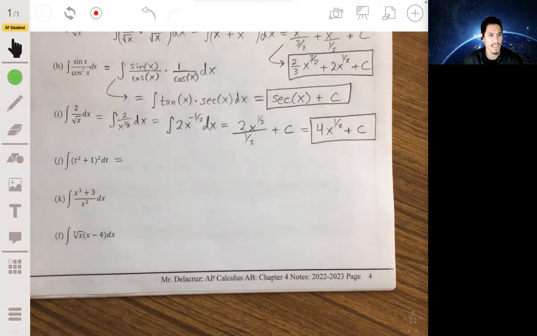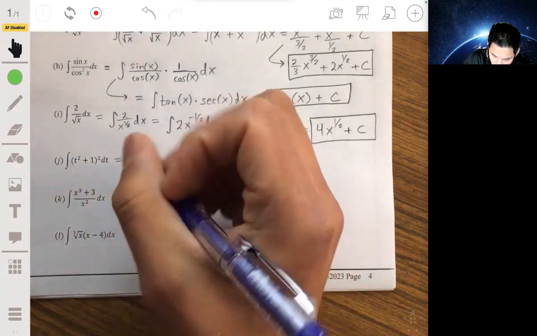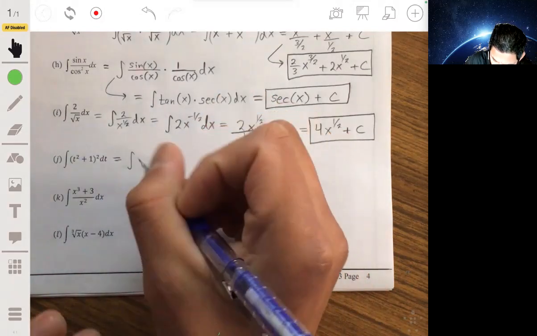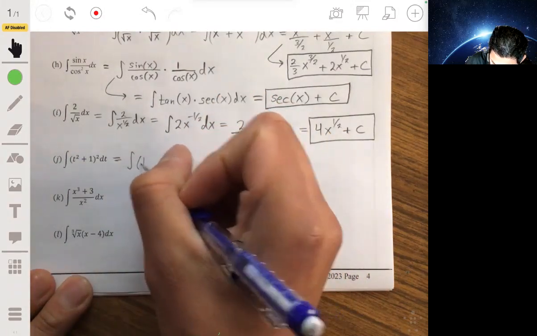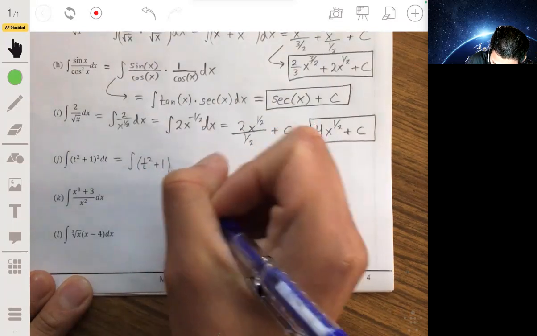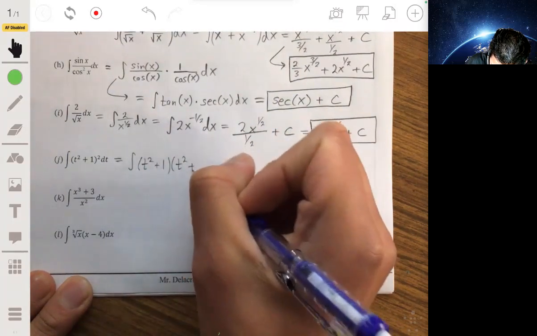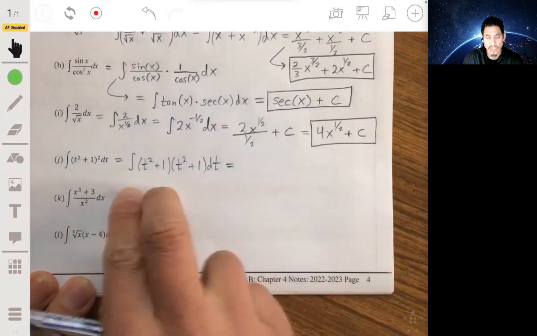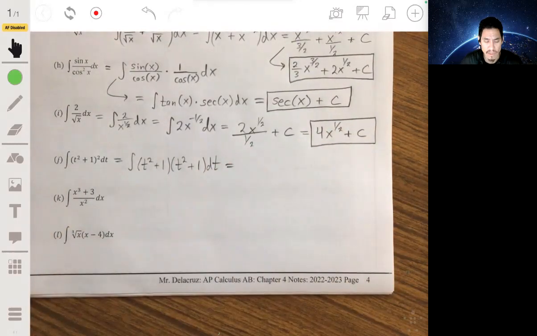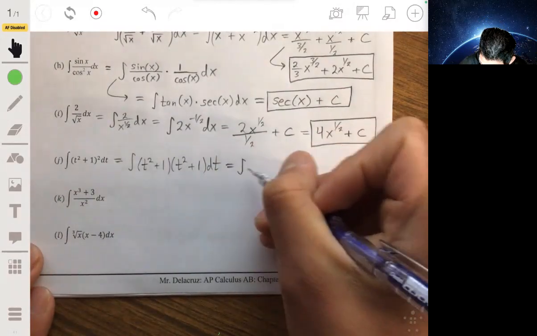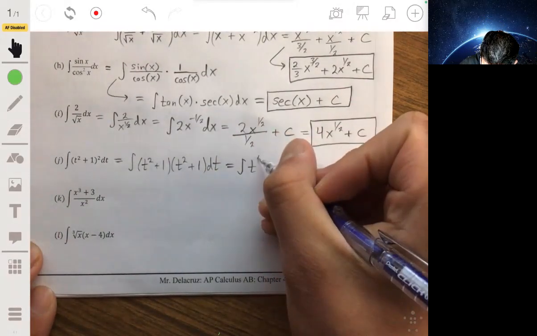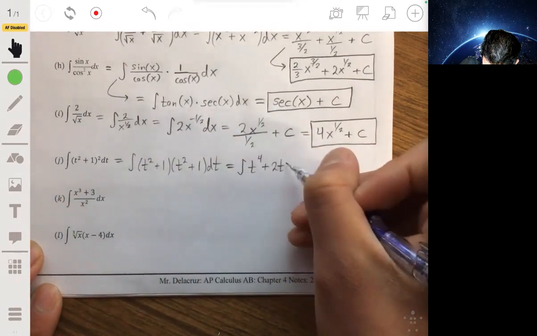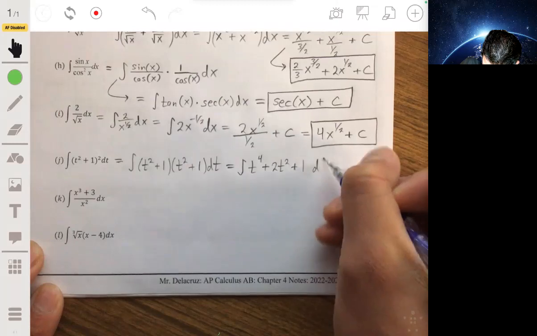All right, for J, we got an example of an integral where it'll be helpful to expand. So remember, this is the same as t squared plus 1 times t squared plus 1 dt. So what you can do is just multiply this out and expand it as a polynomial. So you would get t to the 4th plus t squared, so plus 2t squared plus 1 dt.